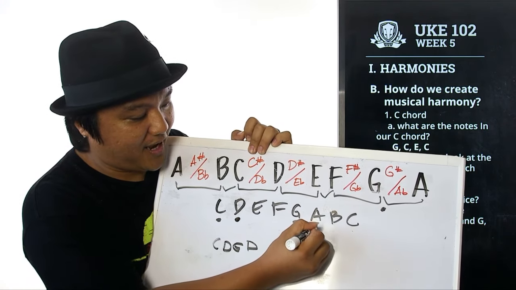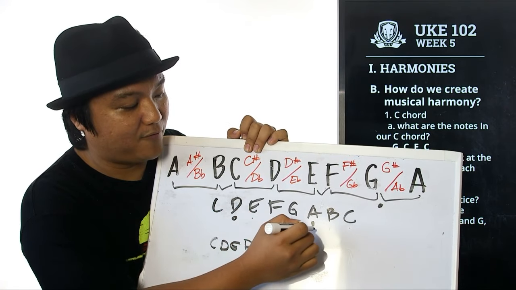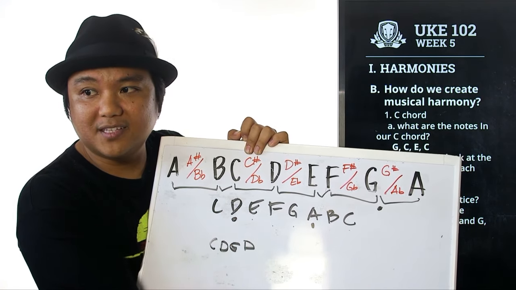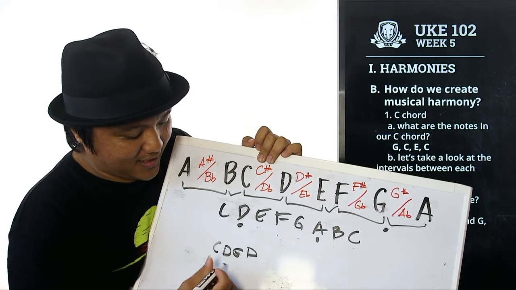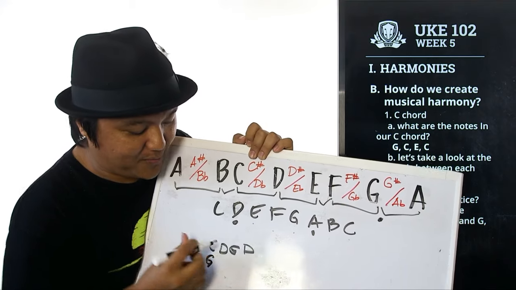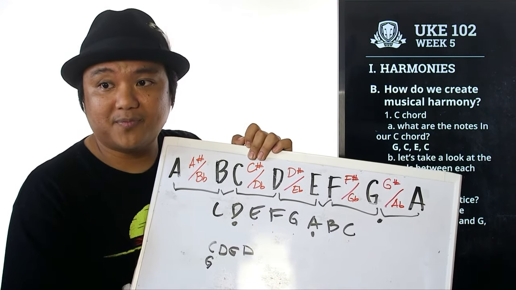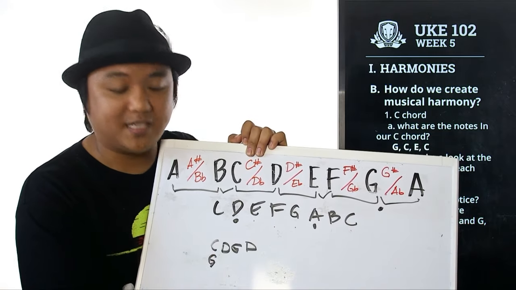D and A will also be together. Why? Because 1, 2, 3, 4, 5. Okay? So C, D, E then becomes G. So every time I play C, I know I'm going to be playing G because that's the harmony. Okay? We found out that those two will sound good together.